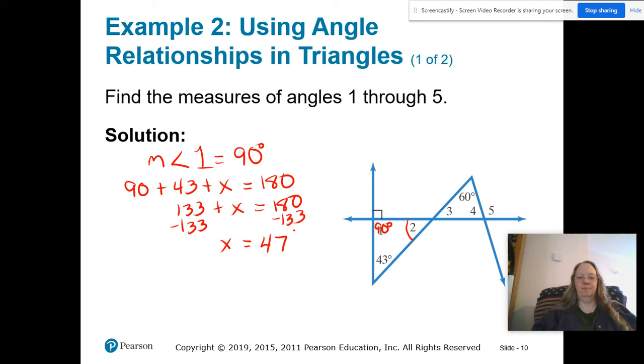Isn't that the answer to the last one? Let's see, 10. Yeah, 47. All right, so now that I know angle 2, measure angle 2 is equal to 47 degrees. I can find angle 3 because these are vertical angles. So 2 and 3 have to be the same. So because they're vertical angles, measure of angle 3 is also 47.